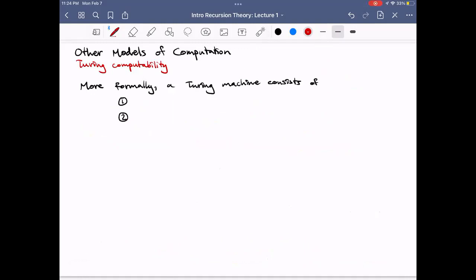Now let's write a slightly more formal, mathematical definition of a Turing machine. So mathematically, a Turing machine consists of a finite set, let's call it Q. And what is this finite set? This is the set of possible states of the memory of the Turing machine.